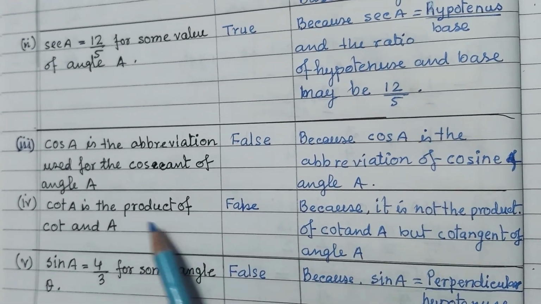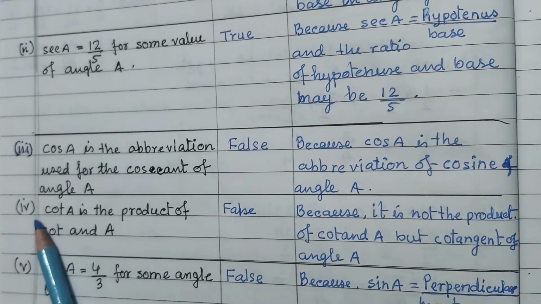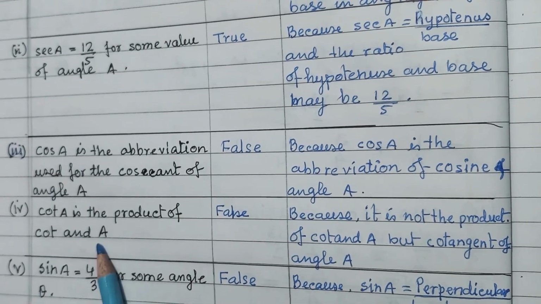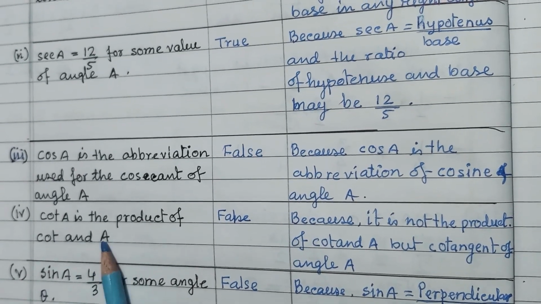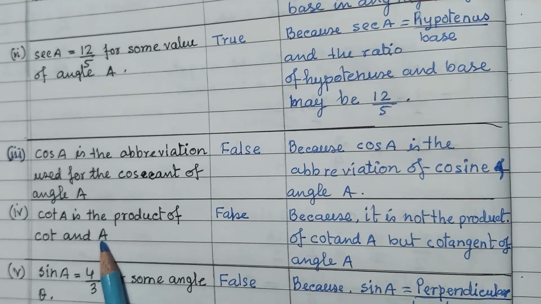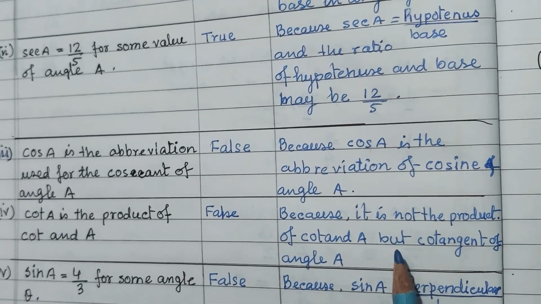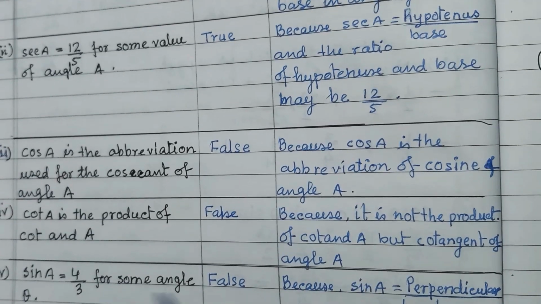Cot A is the product of cot and A. It should not be the product of cot and A. It is cotangent of A.